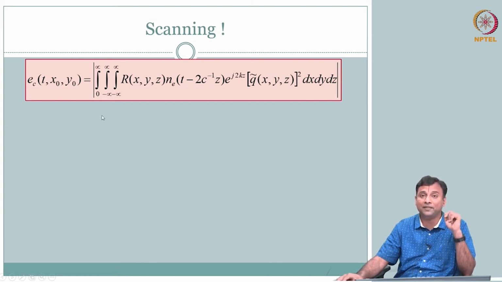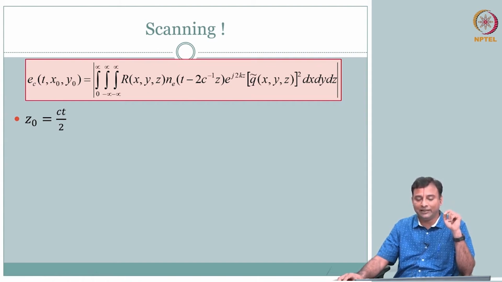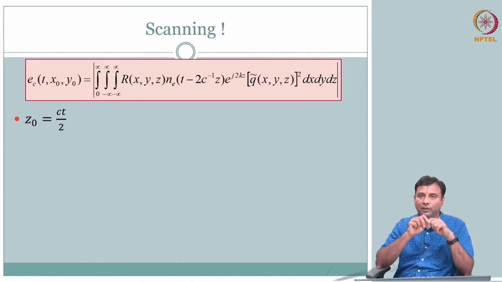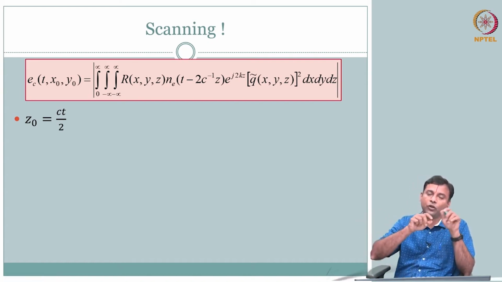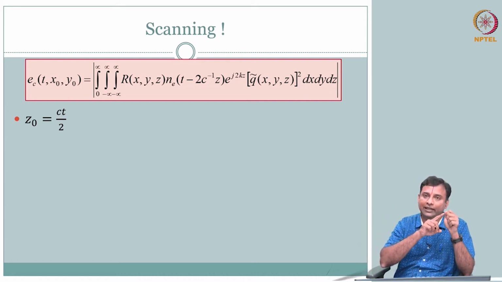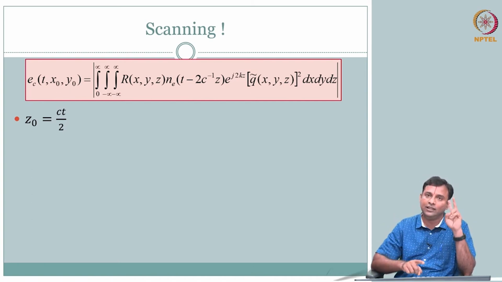I know the speed, so you can write your z naught as nothing but ct by 2, because I have travelled 2 times the distance in the captured time interval with a velocity c. So this is your velocity, this is your time. Velocity times time gives distance, but this distance is 2 times because the pulse is going and the echo is coming. You are recording only the echo. That means it has taken the pulse to travel one distance and the echo to travel the same distance.